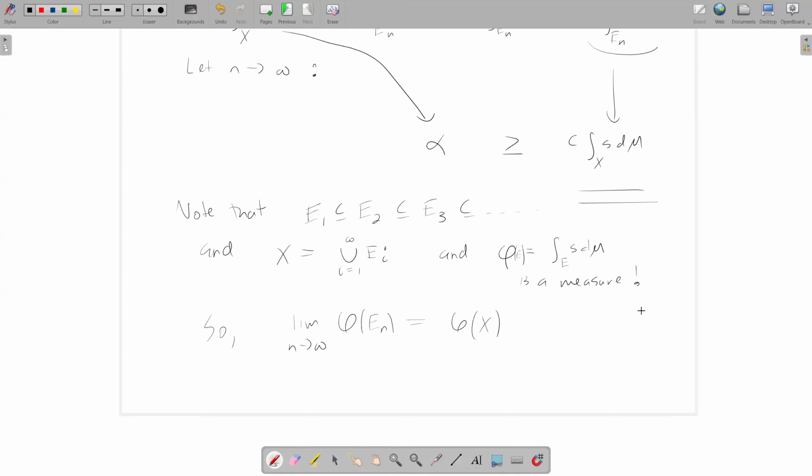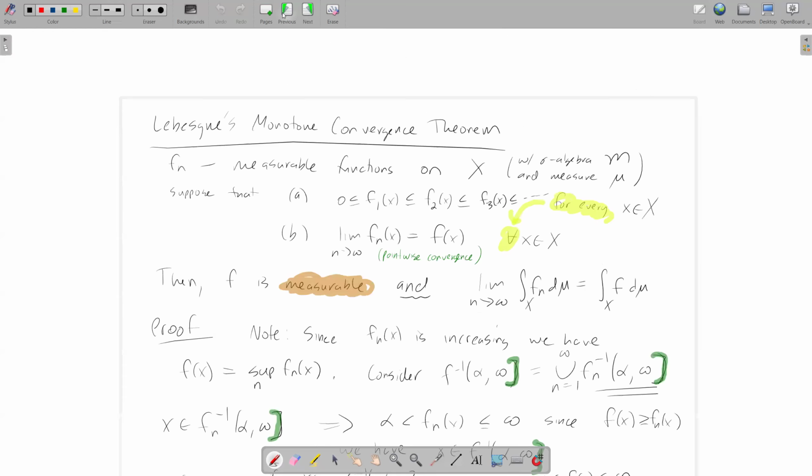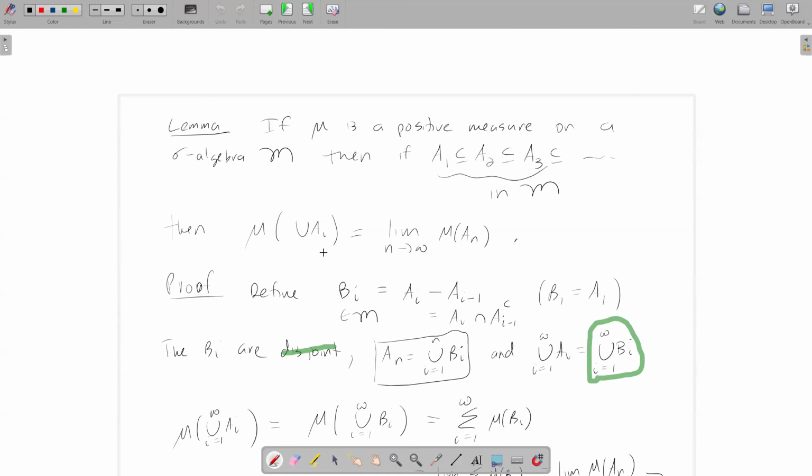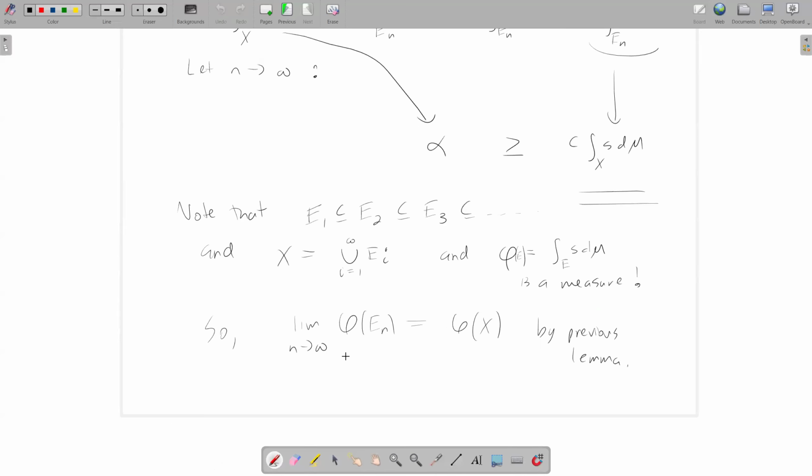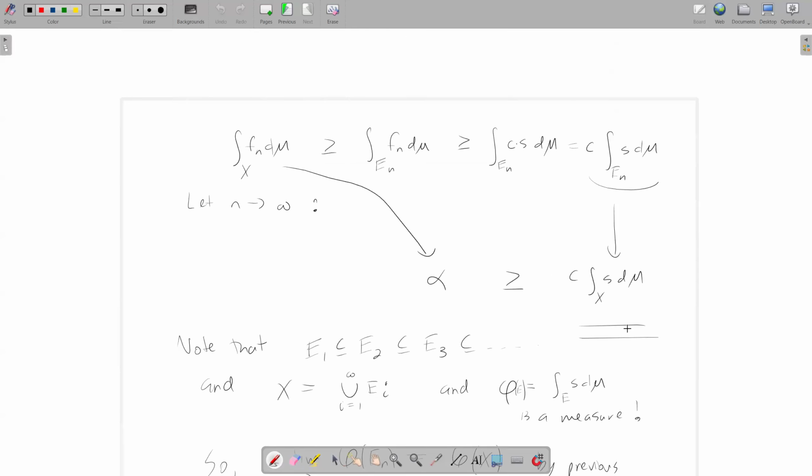And so by the previous lemma, I am dodging some details, I'll admit, but that's going back to this result here. So the union is X, and it's the limit of those. So that proves this. Not too bad.